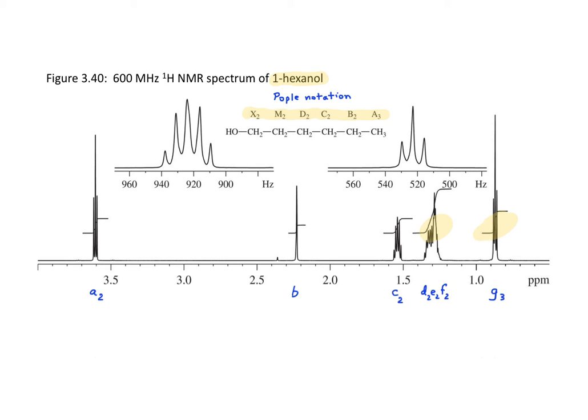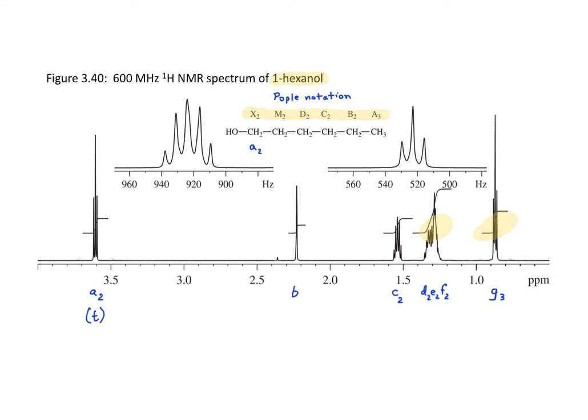At 3.6, A2 corresponds to a methylene group that is bonded to an electronegative oxygen and is adjacent to another methylene. Therefore, this is a triplet.